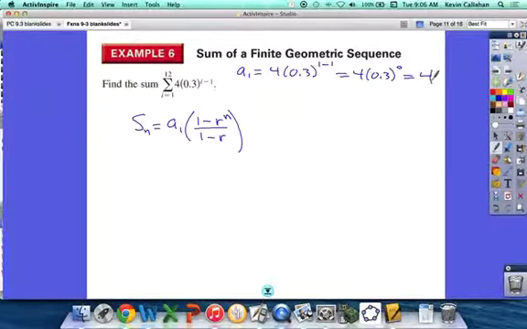It's almost always the case: if this index starts at 1 and the exponent is the index minus 1, then the 4 is the first term. So we got the A1. Okay, what is the R?